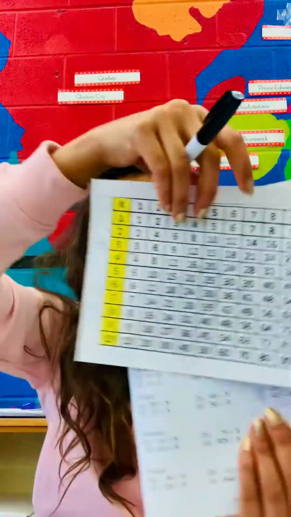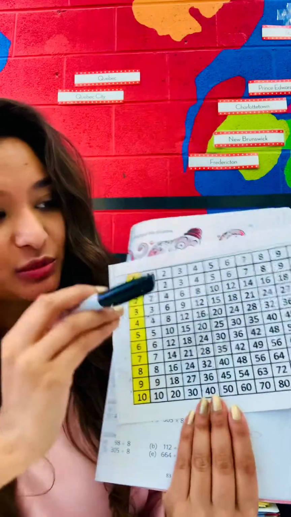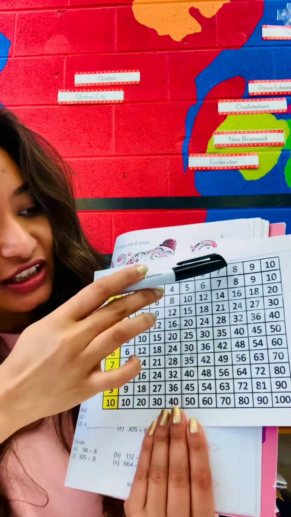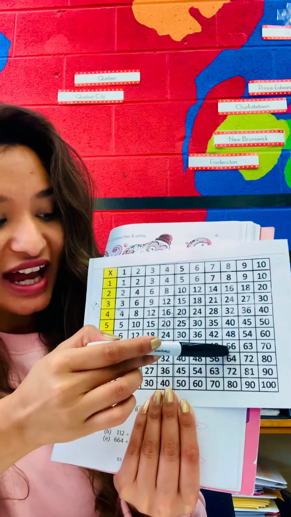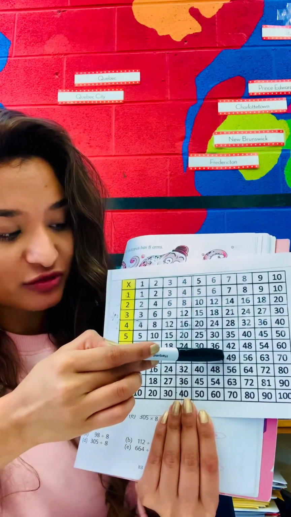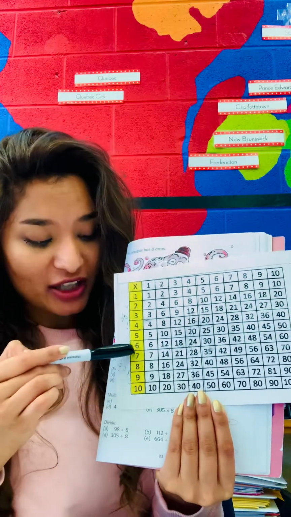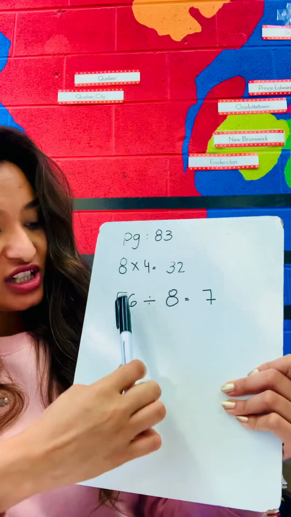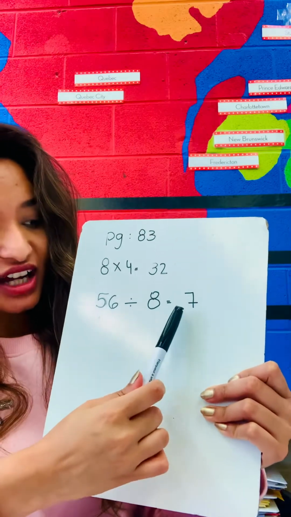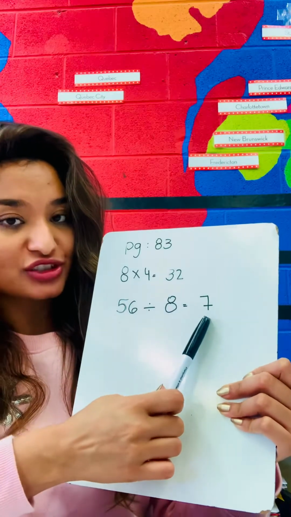I go to my 8 times table and look down the multiples of 8. I do see a 56. I ask myself, how many 8s would give me 56? I go across to 7. So my whole number 7, my yellow number, is the answer. I know that 56 divided by 8 needs 7 eights to make 56. So my answer is 7.